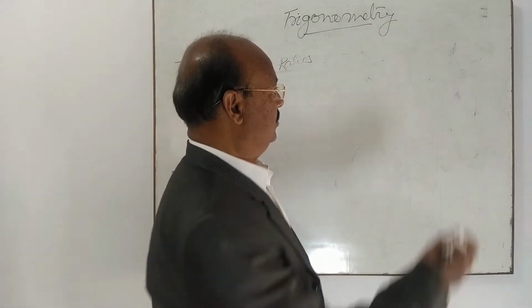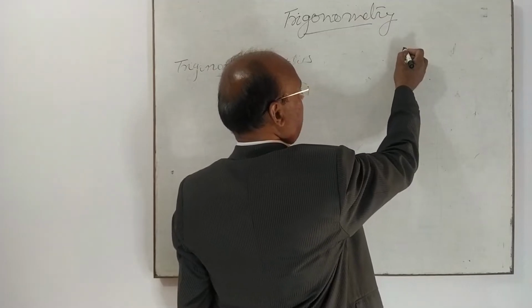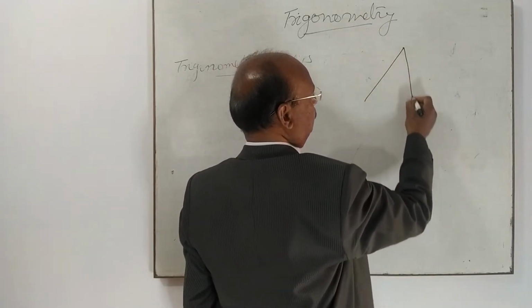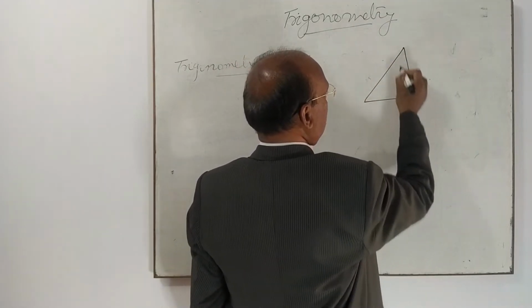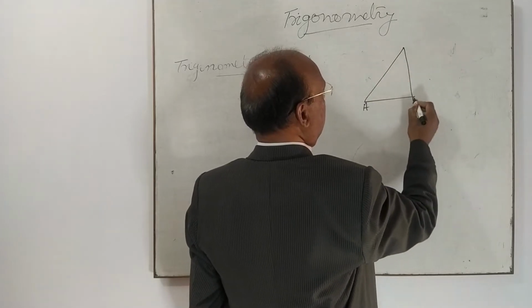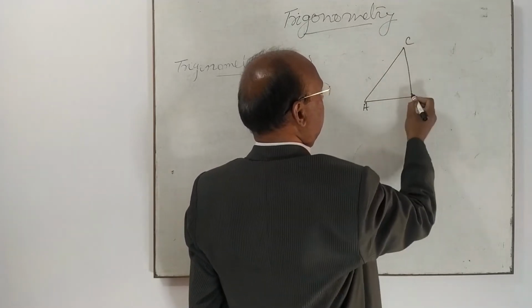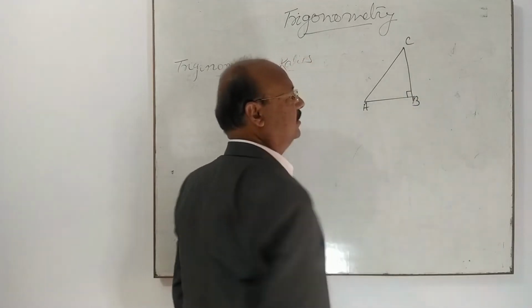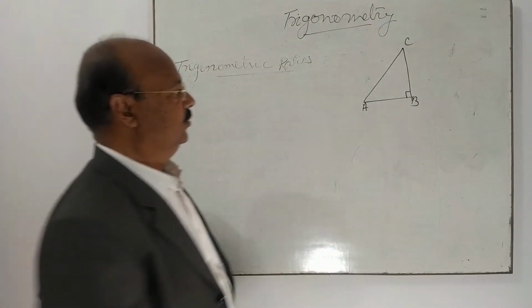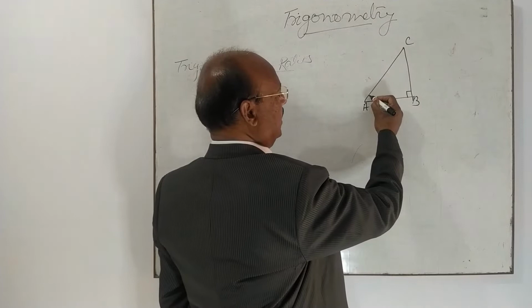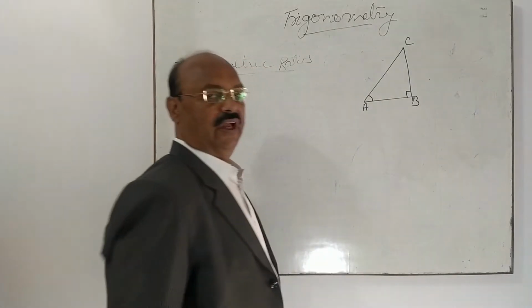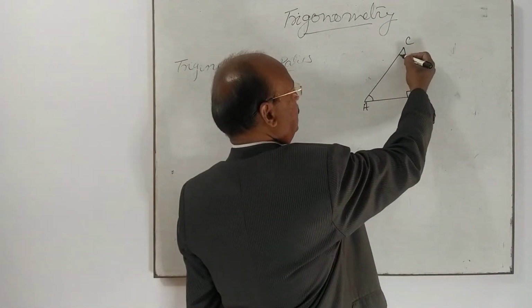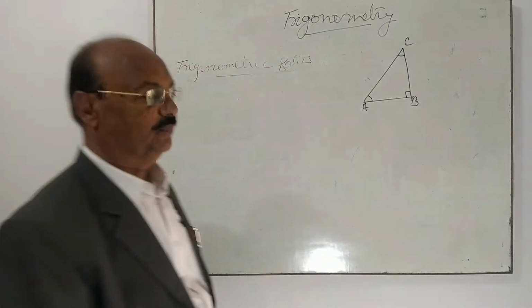Once again, I am drawing a right angle triangle like this. Suppose this is angle A, angle B, angle C. Here angle B is 90 degrees. Now we will consider this angle A as an acute angle and another angle C is an acute angle. Clear?